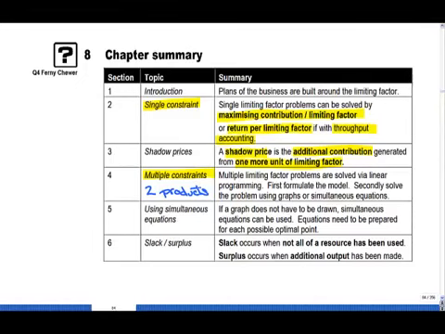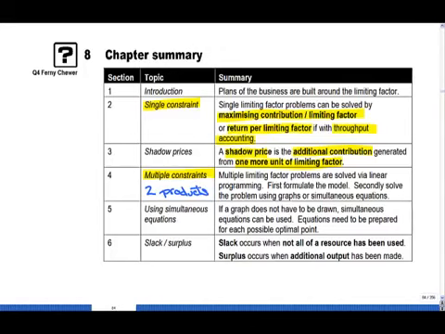If you've got to calculate a shadow price here, take the simultaneous equations for those two lines that intersect at your optimal point, increase whichever one you're looking at by one amount, and then solve that problem, work out your new optimal production plan and your new level of contribution. The extra is your shadow price.